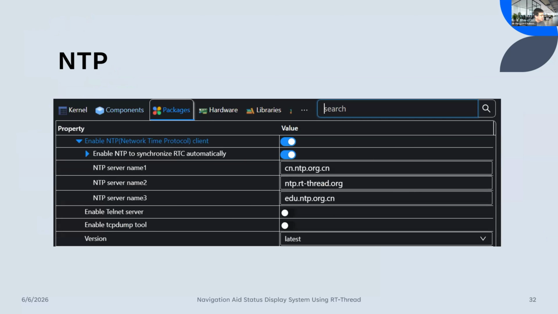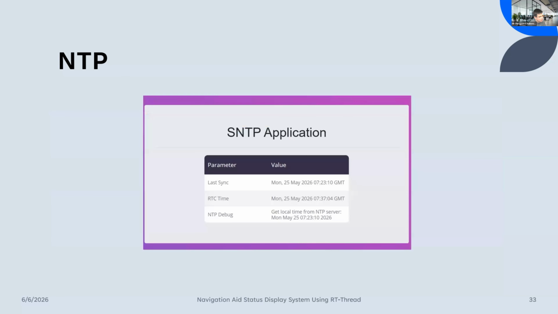Next one is very important because we want to ensure that the data we send from the main unit to the centralized system or RSU unit is correct. So we need real time; we want the time to be very precise. So we use NTP, which is also enabled in RT-Thread Studio.